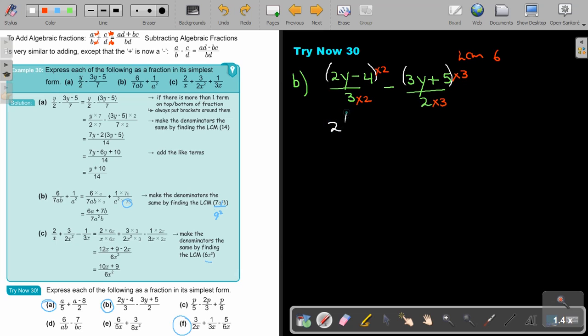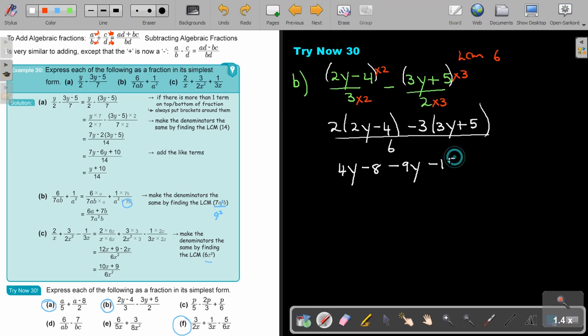So say 2 times 2y minus 4 minus 3 times 3y plus 5. And that will be over 6. And if I multiply, I will get 4y minus 8 minus 9y minus 15 over 6.